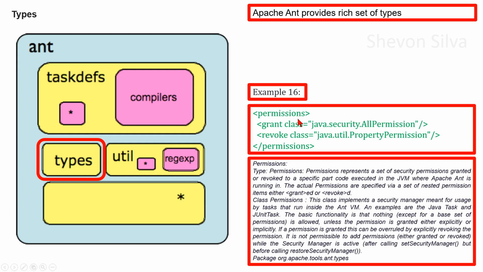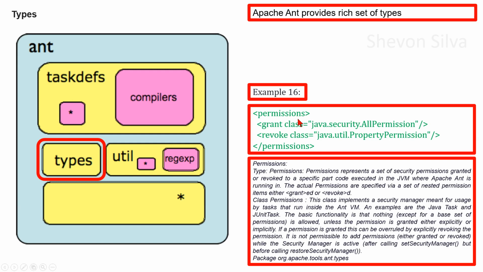The basic functionality is that nothing except for a base set of permissions is allowed unless the permission is granted either explicitly or implicitly. If a permission is granted, this can be overruled by explicitly revoking the permission. It is not possible to add permissions, either granted or revoked, while the security manager is active, after calling setSecurityManager but before calling restoreSecurityManager.